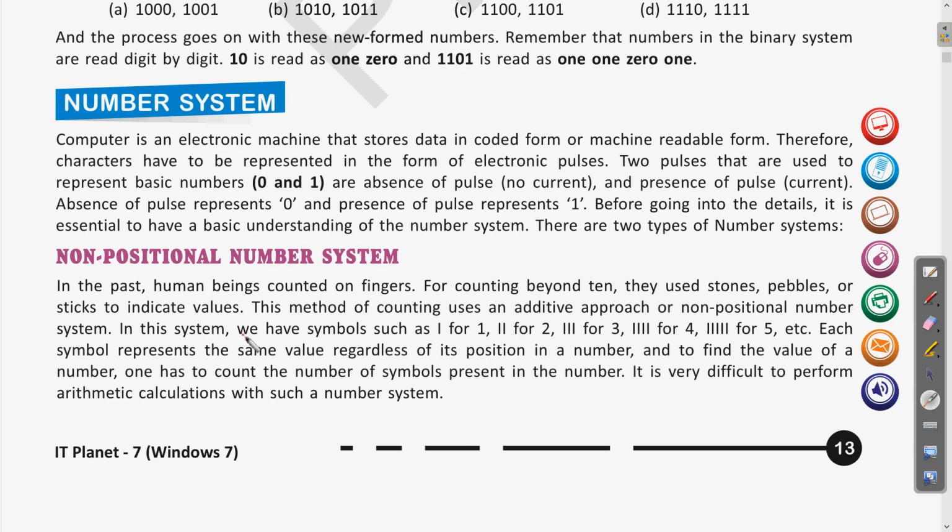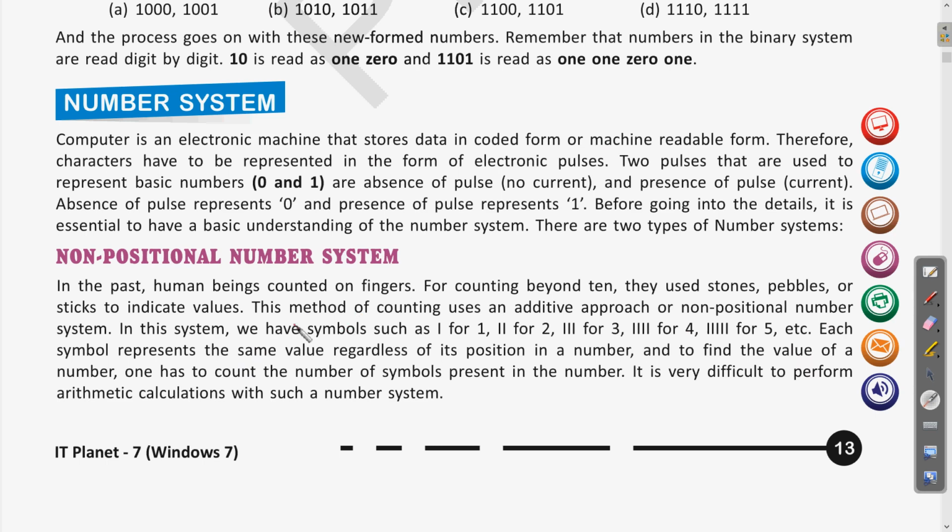Suppose they were doing a barter system and selling their animals, horses or something, they would store pebbles. If they sold 10 horses, they would store 10 pebbles for that. This was the method to count how much I have given to them. Clear? So these were the earlier days.